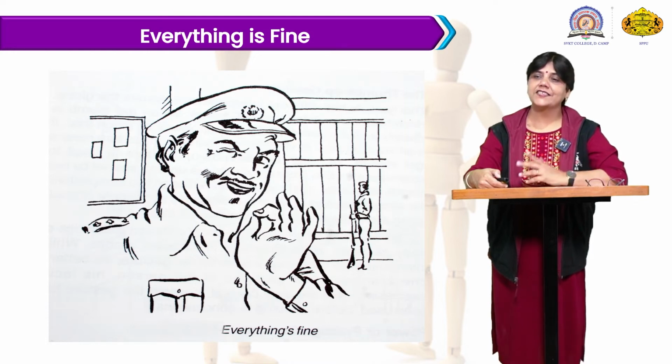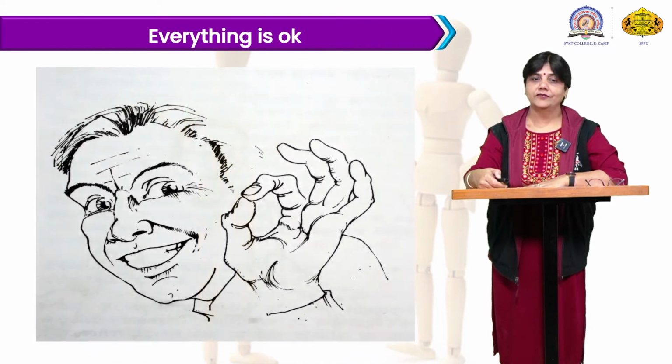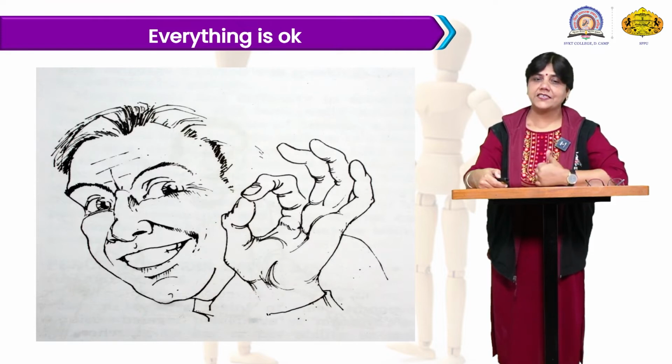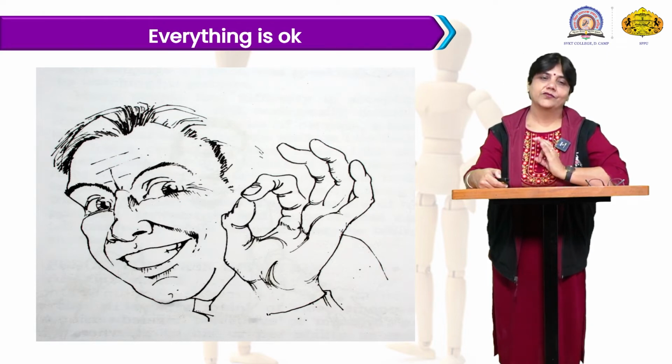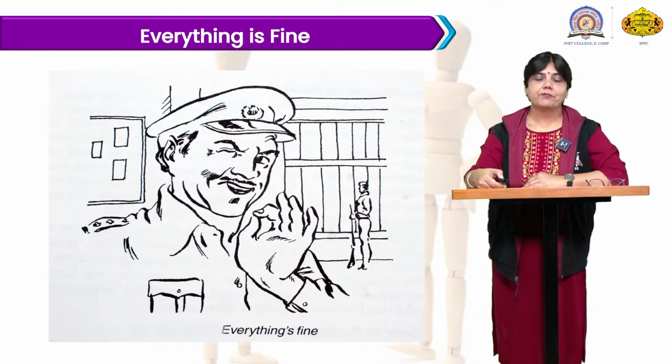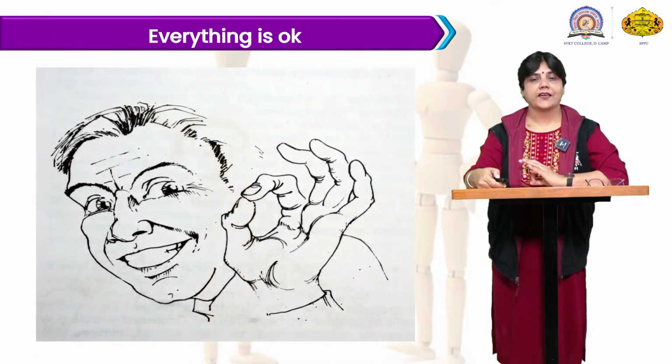Okay, so this is another way of conveying perfect through our body language. Now, same thumb, same index, but conveying a slightly different meaning: good, okay. If you see, the previous one was showing fabulous and this was showing okay.